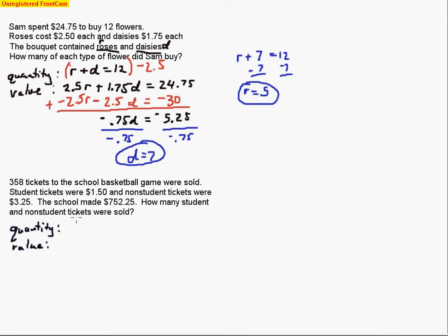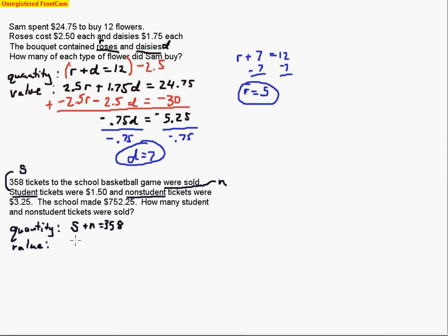Quantity equation. Well, we don't know how many non-students ended up showing up, so why don't we call the non-students N? And the students, if we were really careful, we could use S to make sure that doesn't look like a 5 at all. So S is for students. S plus N equals 358.